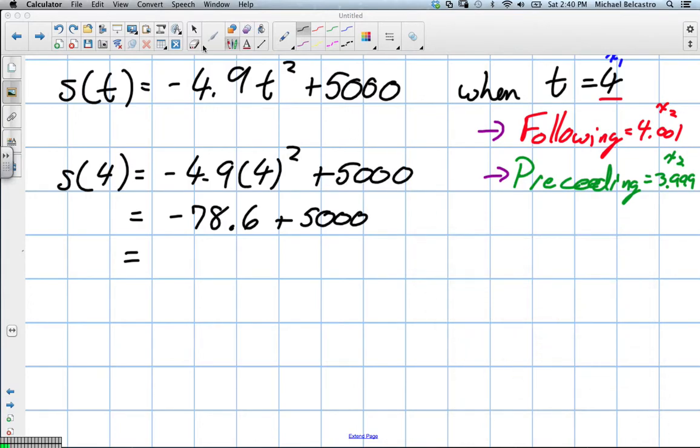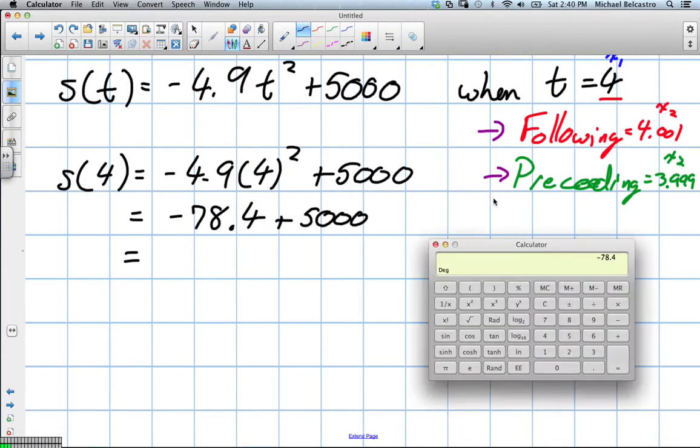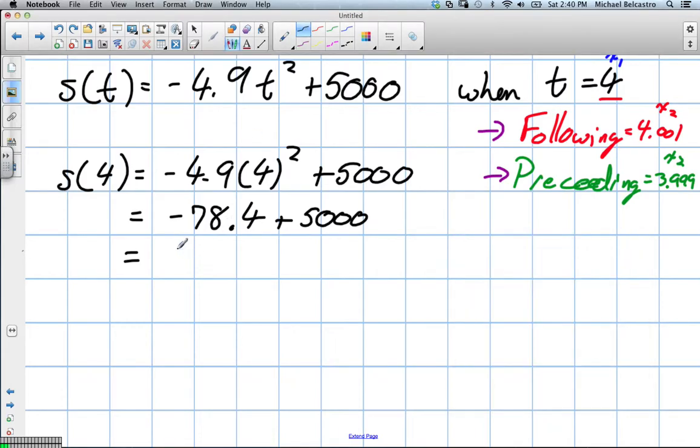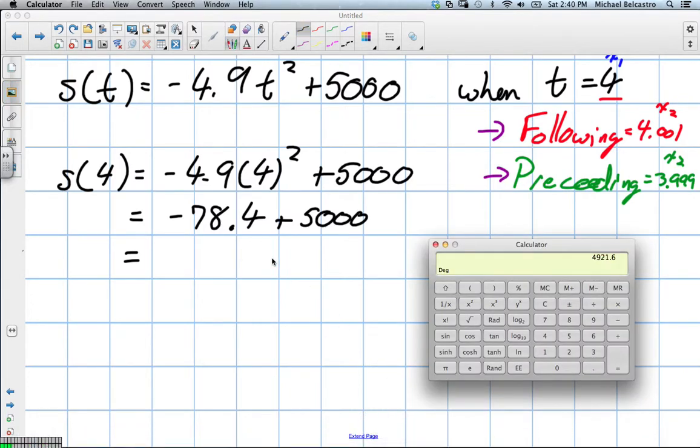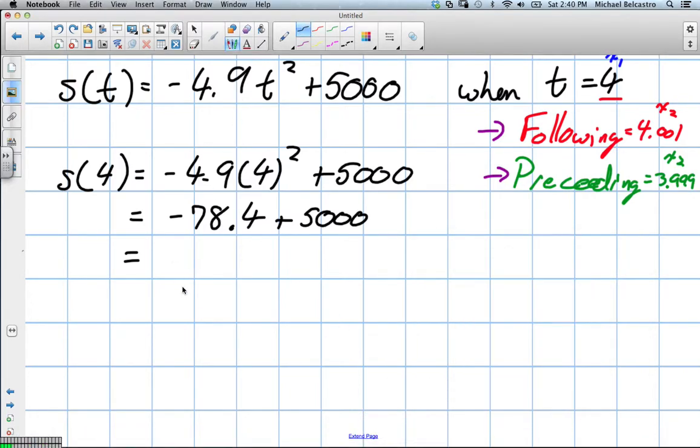Oh, off by 0.4. Okay, so that's 78.4. And then we're going to take that value and add 5,000 to it. 4921.6. Let's try that again. Yeah, it was 4921.6.